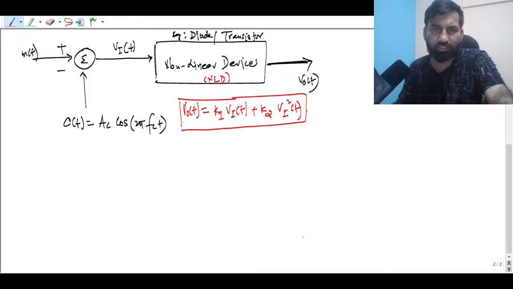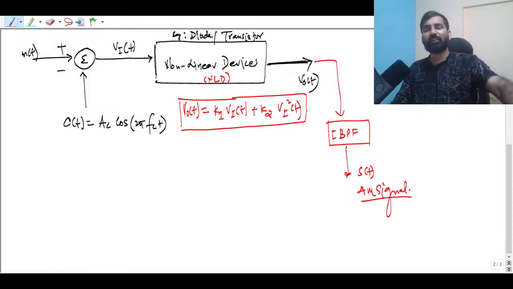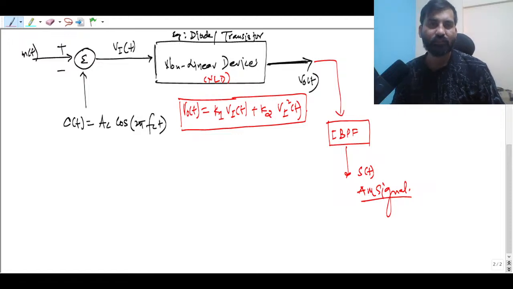Yeah, so I can put it like this: ideal band pass filter in the transmitter side, and that will give you the modulated AM signal s(t), which is the AM signal. I think you understood the entire block diagram of this square law modulator.